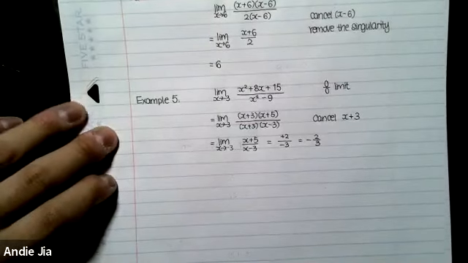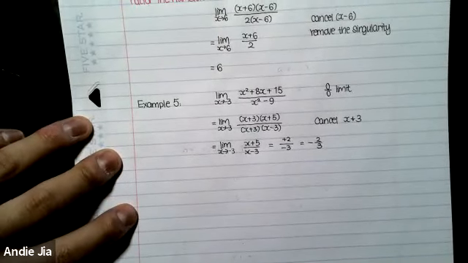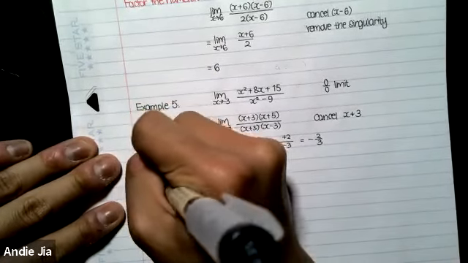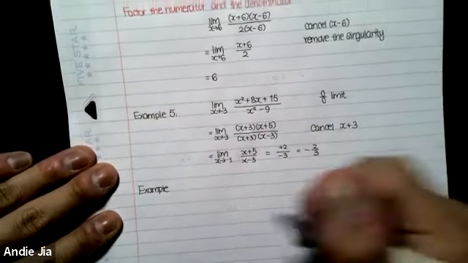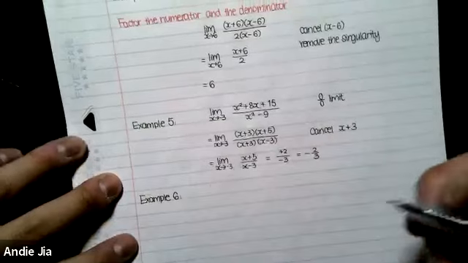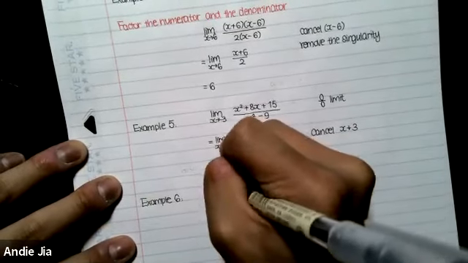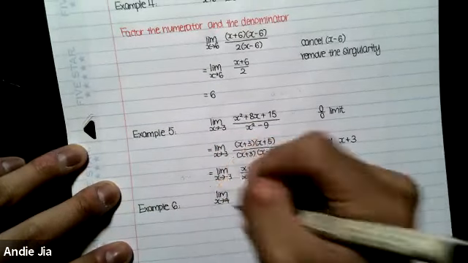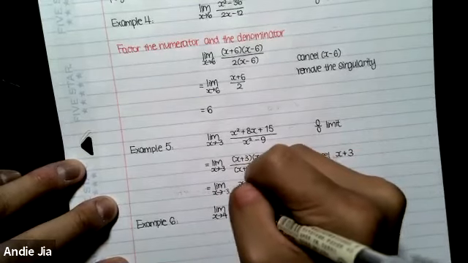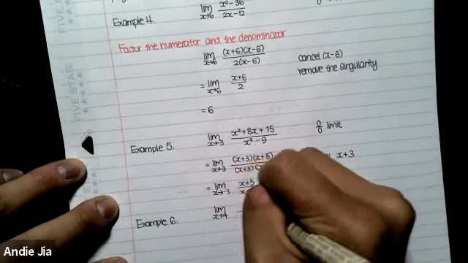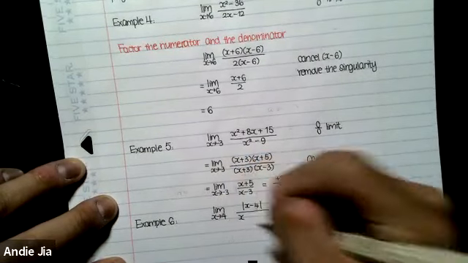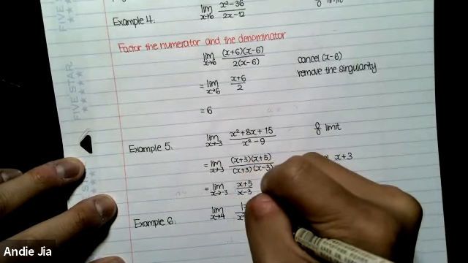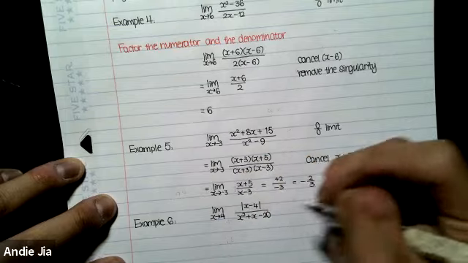So number 6, let's do another one. The limit as x approaches 4 of the absolute value of x minus 4 over x squared plus x minus 20.